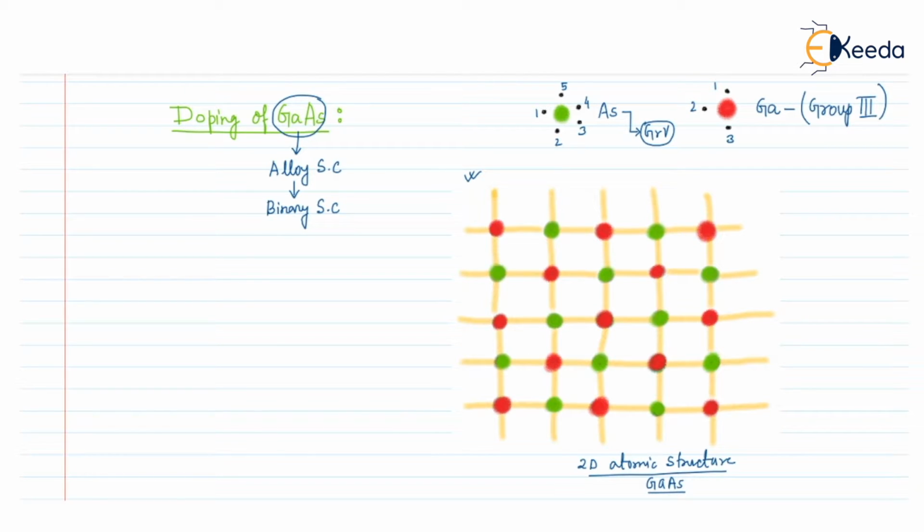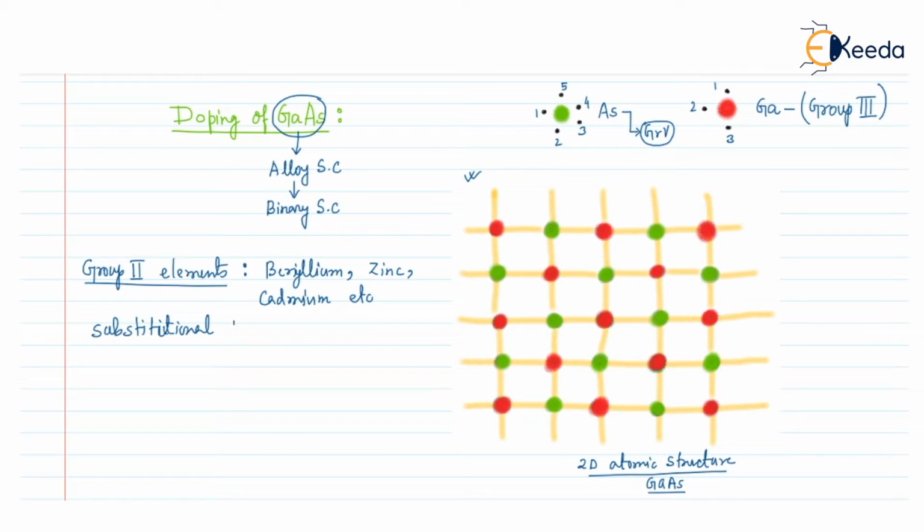Now, if we want to dope this gallium arsenide, suppose we want to dope with group 2 elements such as beryllium, zinc, cadmium, etc. These group 2 elements will enter the lattice of the gallium arsenide and act as substitutional impurities.